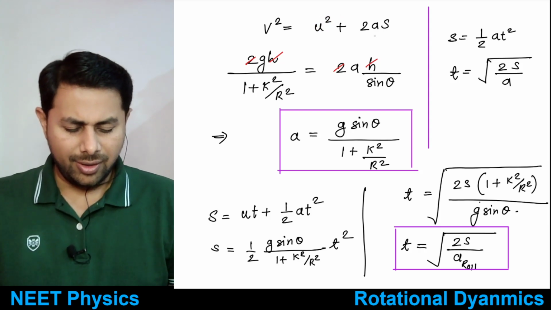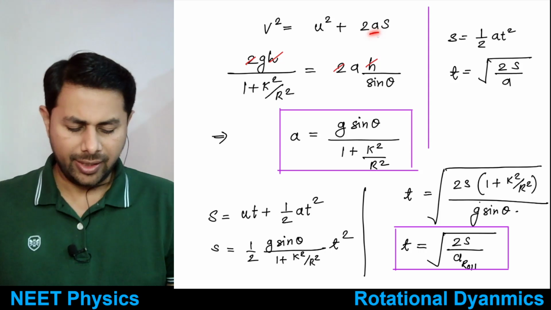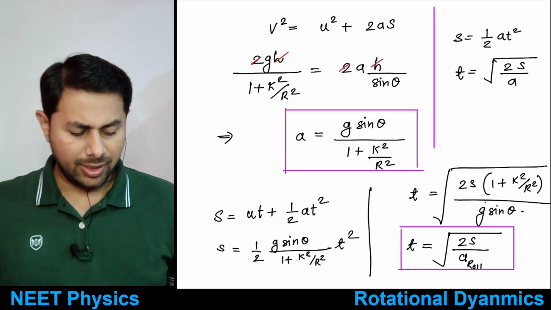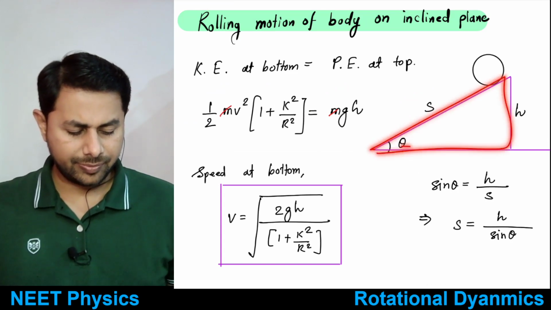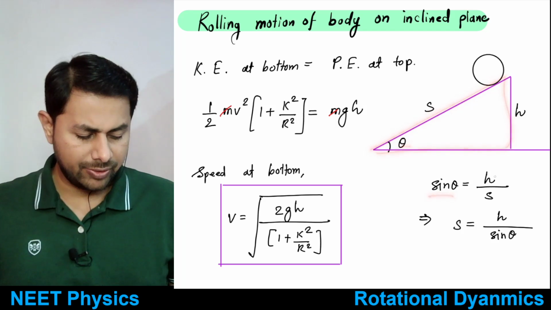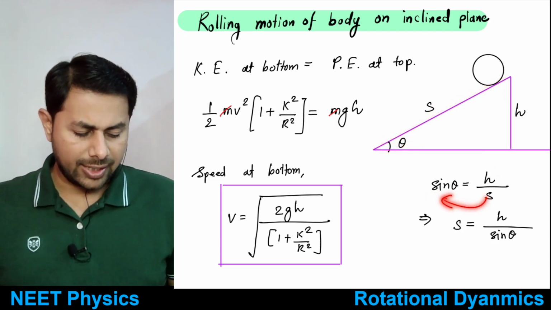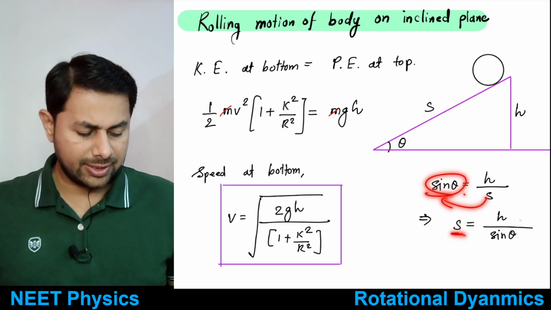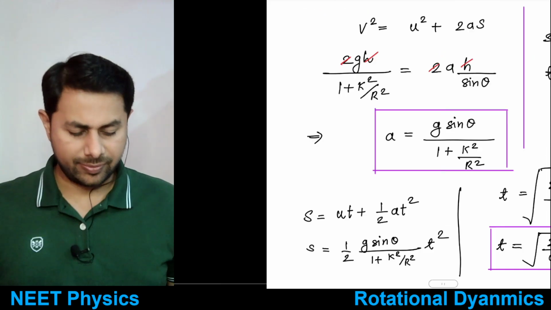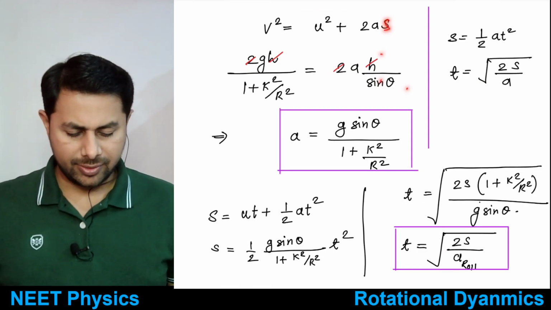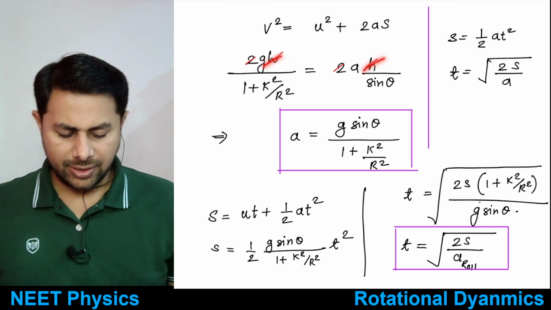Then acceleration is a. So we have 2 times a multiplied by s, and if you see in this diagram, sine theta is equal to h upon s. So move s on this side, sine theta on the other side, so s is equal to h divided by sine theta. Then we can cancel out h and h.